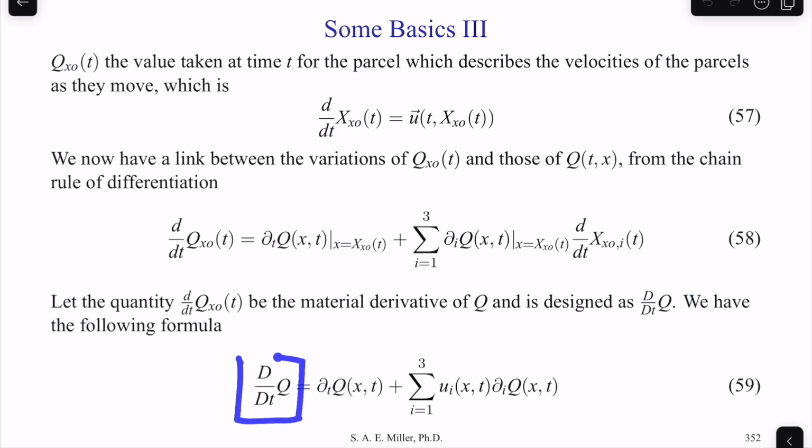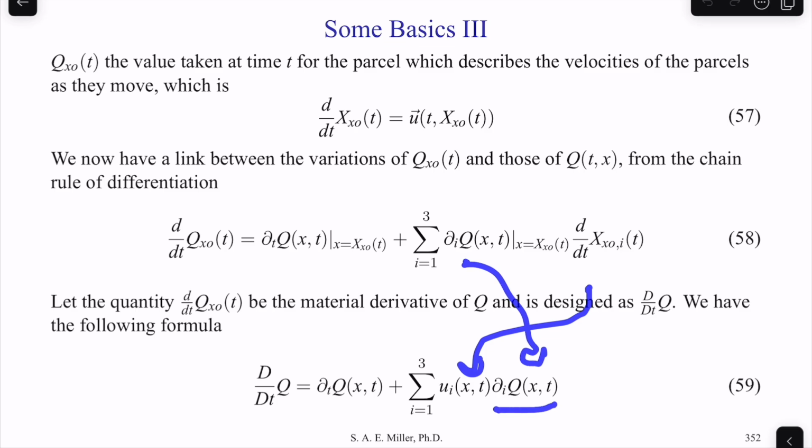We'll write capital D/Dt of Q is equal to the partial derivative of Q of x and t, that remains the same, and we're going to take that time derivative d/dt of x naught and replace it with u sub i, from 1 to 3, times the partial derivative of Q. So that'd be u1 partial Q partial x1 plus u2 partial Q partial x2 plus u3 partial Q partial x3.